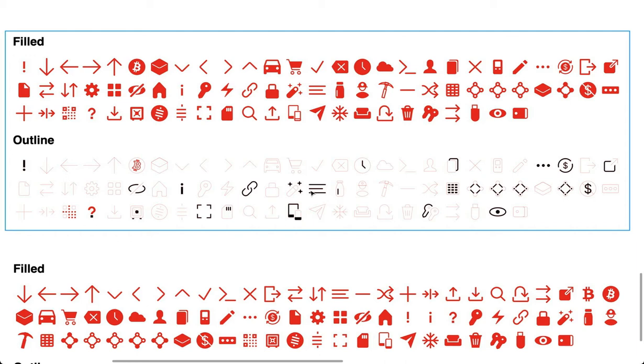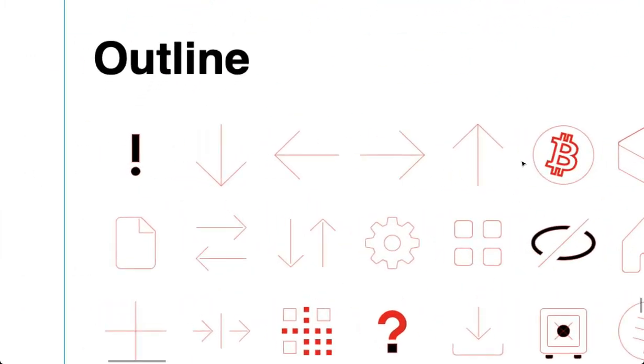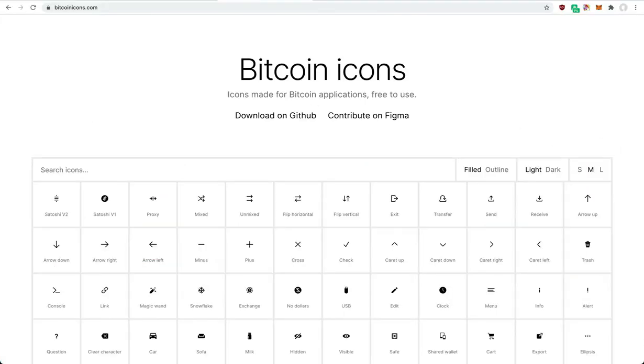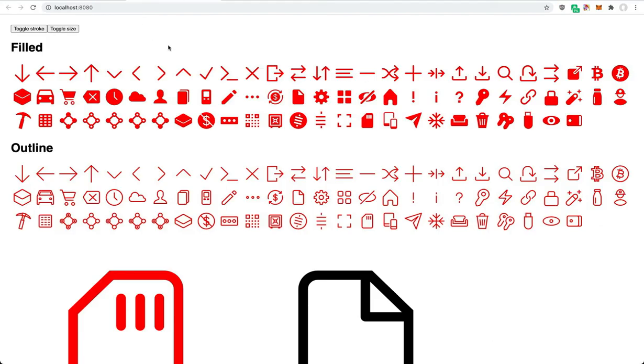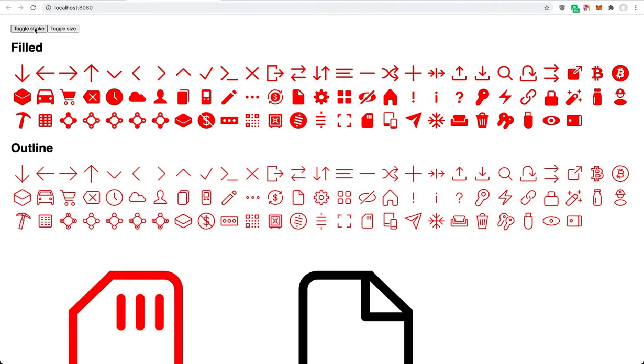So I had to go in and do a lot of fixes, and I'll talk over some of the issues. Here, with this Bitcoin symbol, I'll pull up my test app, and here I can toggle the stroke, and you can see how the stroke smoothly gets thinner or thicker.